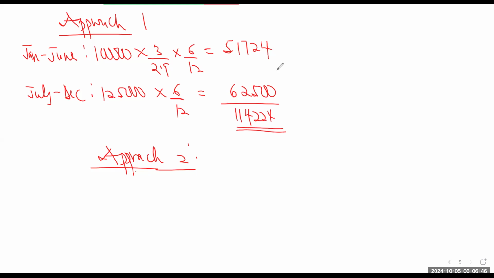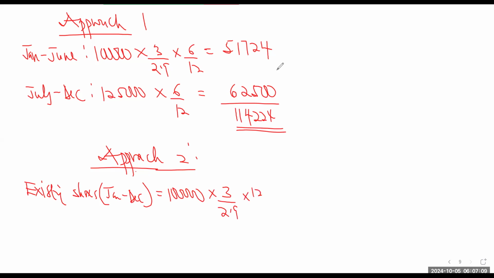So what you do over here is that you have the existing shares. That will be January to December. That will be having a full year. So you have 100,000 multiplied by, so the bonus issue will be based on this one, 100,000 divided by 2.9 multiplied by 12 over 12. So existing shares are going to be having a full year contribution.